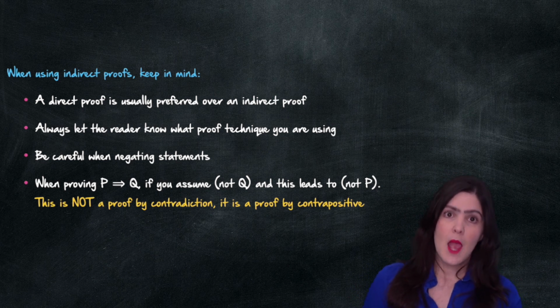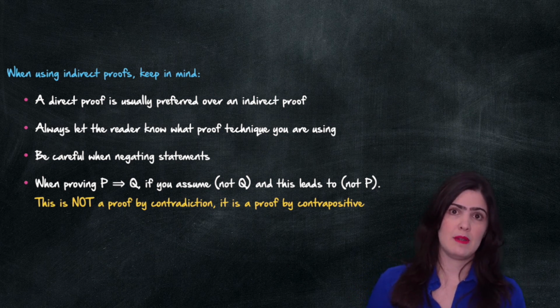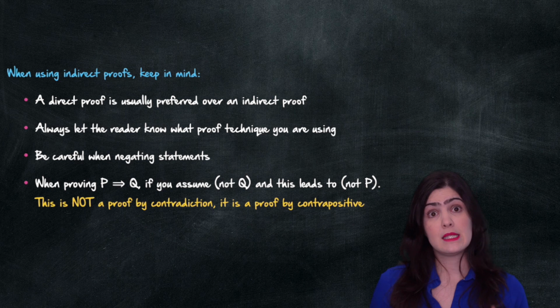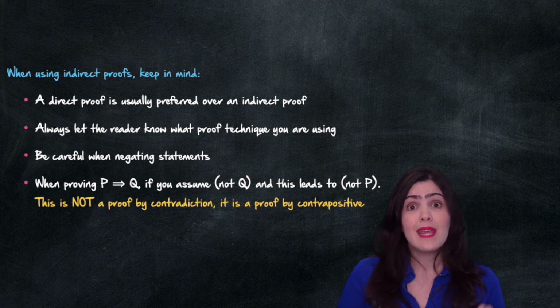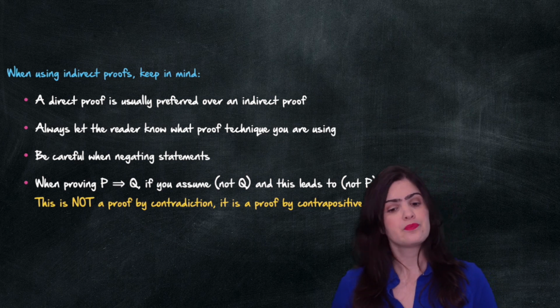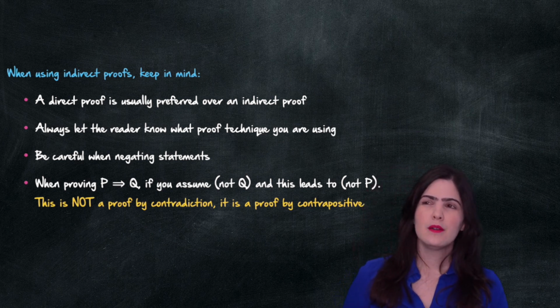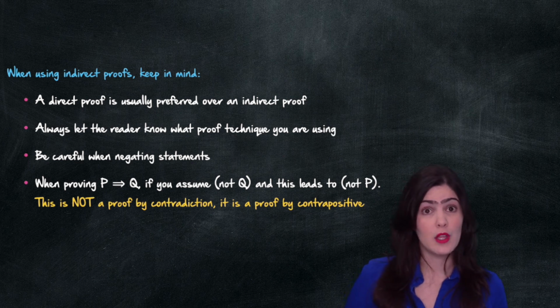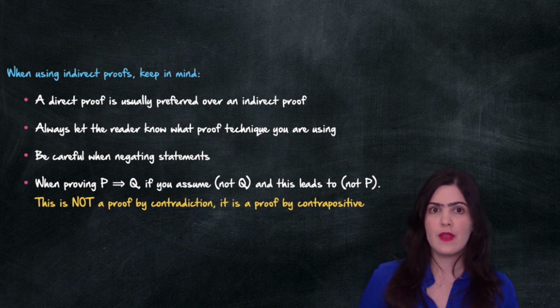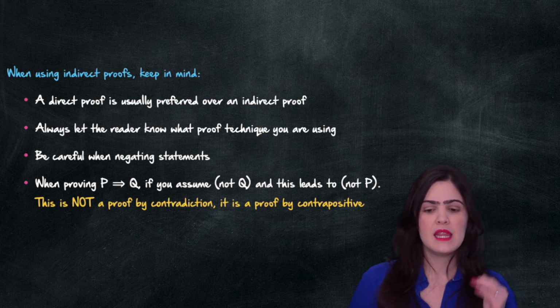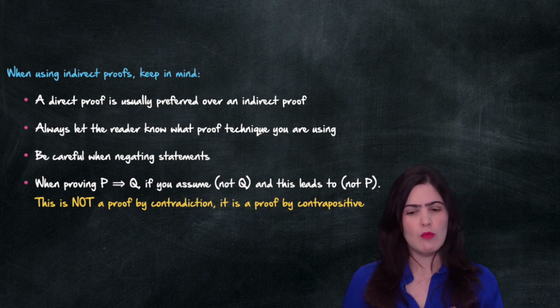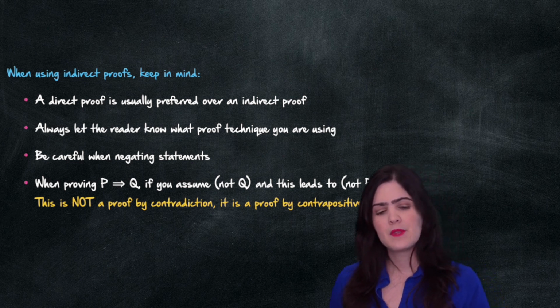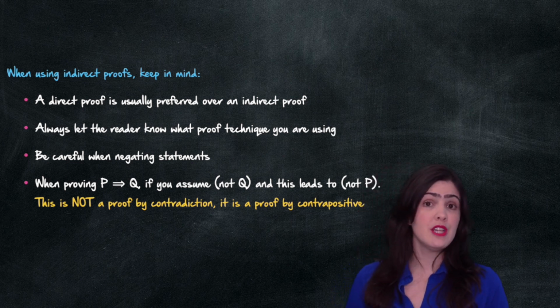Please, please, please be careful when negating statements. These two proof techniques rely heavily on you negating statements correctly, so you have to be extra careful. One important note, I see many students making this mistake, and I don't want you to make it: when proving a statement of the form if P then Q, if you assume not Q and this leads you to not P, this is not a proof by contradiction.